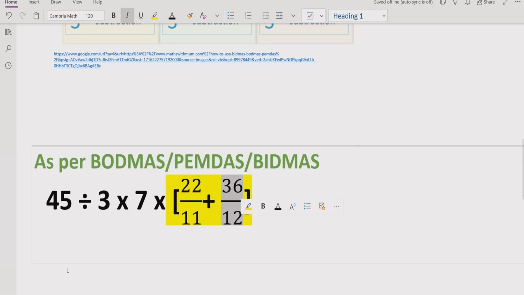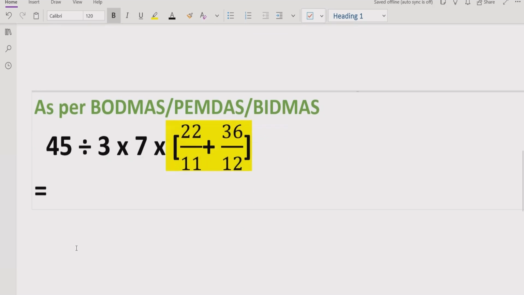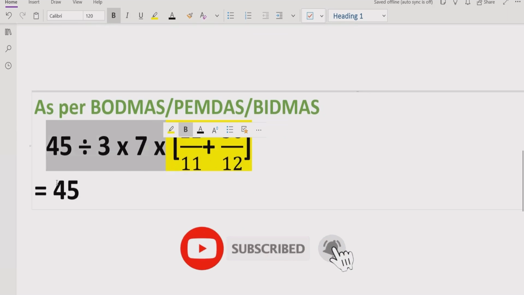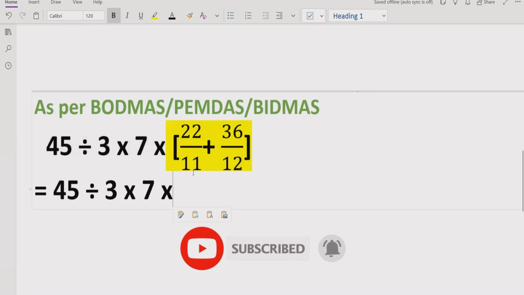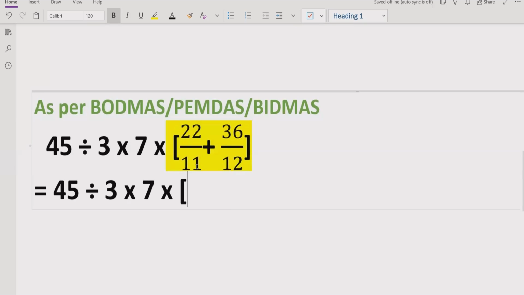So we can write 45 and the other terms as they are, and after that we will write the square bracket: 22 divided by 11 is equal to 2, plus 36 divided by 12 is 3. 12 ones are 12, 12 twos are 24 and 12 threes are 36.